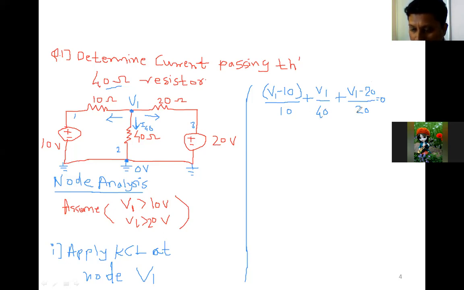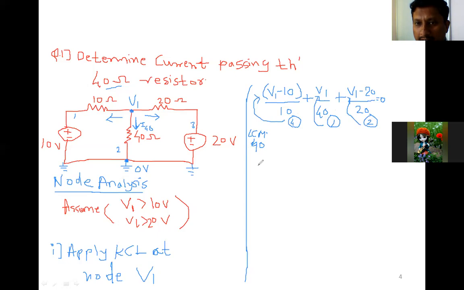Now, if you observe the denominators, 10, 40 and 20, the denominator is not constant. So for that purpose, we have to take the LCM. So the LCM is 40. Because 10 multiplied by 4 gives 40. Where 40 is already there, you multiply by 1. Here 20 is there, you multiply by 2. So whatever I have written in the circle, you multiply with respect to the numerator.